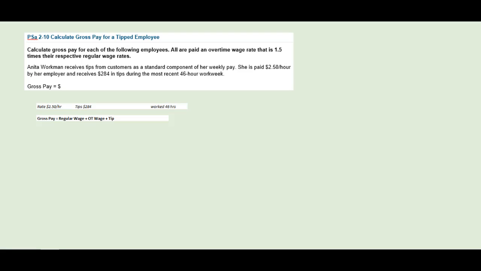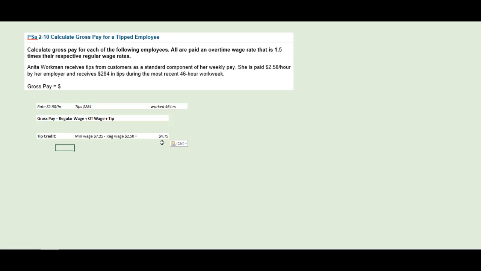In any of these types of tipped wage problems, we need to calculate the tip credit. For the tip credit, we take the minimum wage, which is $7.25, minus the regular wage of $2.50, and that gets us the tip credit of $4.75.